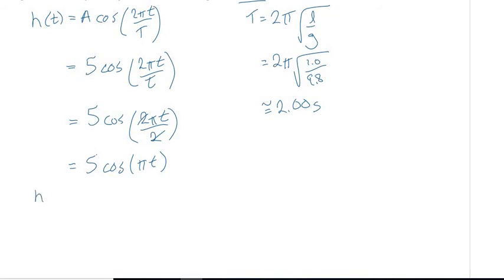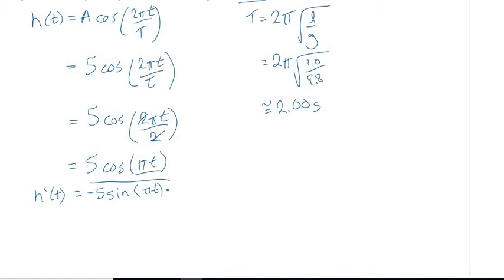Now we're going to take the derivative of that, and that is going to be a chain rule problem, right? Because we have an inside function and an outside function. Let's take the derivative of the outside. Cosine is going to become negative sine, so that's going to be negative 5 sine of, leave the inside function the same, and then we're going to multiply it by the derivative of the inside function.